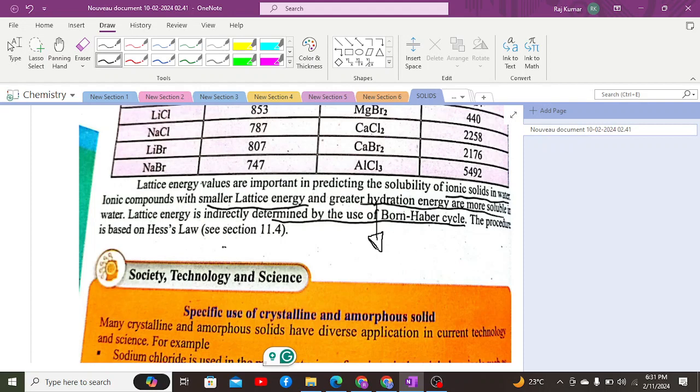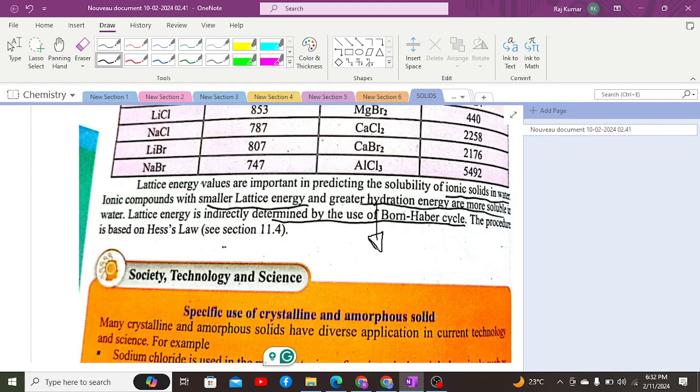If there is less lattice energy, then less energy is required to break the ions, and an inverse relation is formed between the hydration energy and lattice energy. If the lattice energy is less, there will be less energy needed to break the ions, which means it would be easier to dissolve that crystal into water, due to which its hydration energy will be increased.